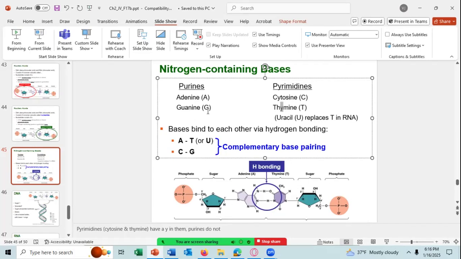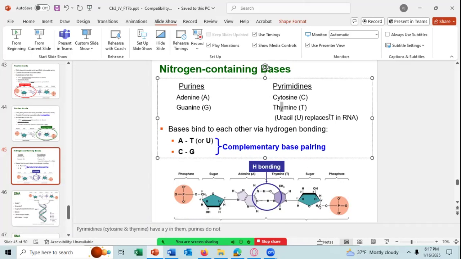And then for RNA, it is composed of 4 nucleotides as well. A, G, and C are the same 3, but it does not have T, thymine. Thymine is replaced by uracil. You just need to know that uracil replaces thymine in RNA.